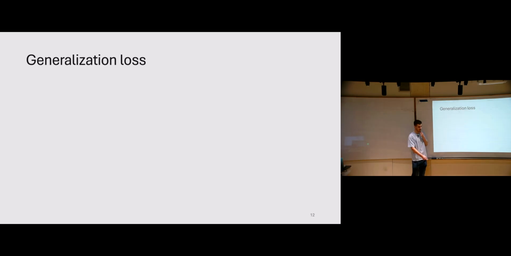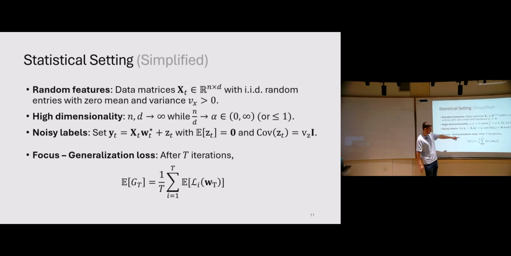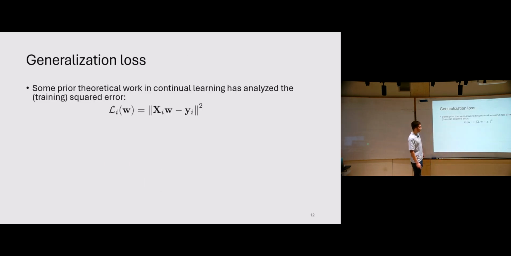So let's talk a bit more about the generalization loss, since I didn't tell you how we explicitly choose the loss function. It would make sense to choose the mean squared error, right? We assume a noisy linear model over the labels, and indeed some theoretical works explicitly use the mean squared error and aim to minimize this loss.